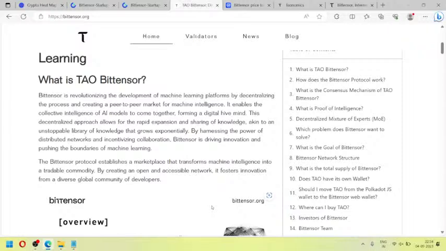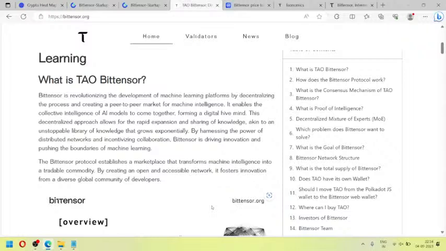This decentralized approach allows for rapid expansion and sharing of knowledge, akin to an unstoppable library of knowledge that grows exponentially by harnessing the power of distributed networks and incentivizing collaboration.